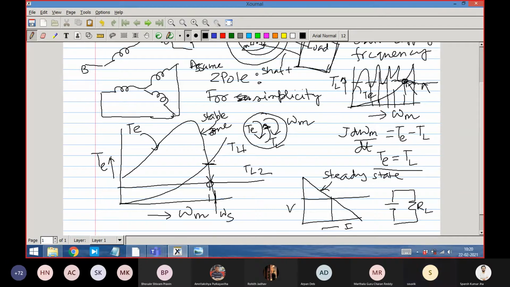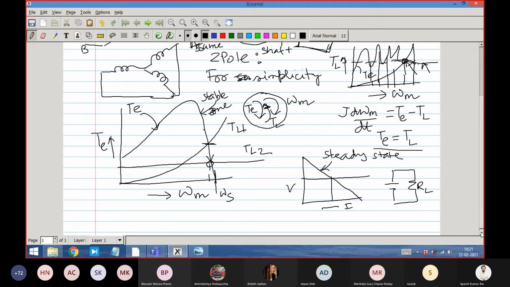Okay, any question up to this? If there is no question, then let's try to think why the characteristics resembles like that.